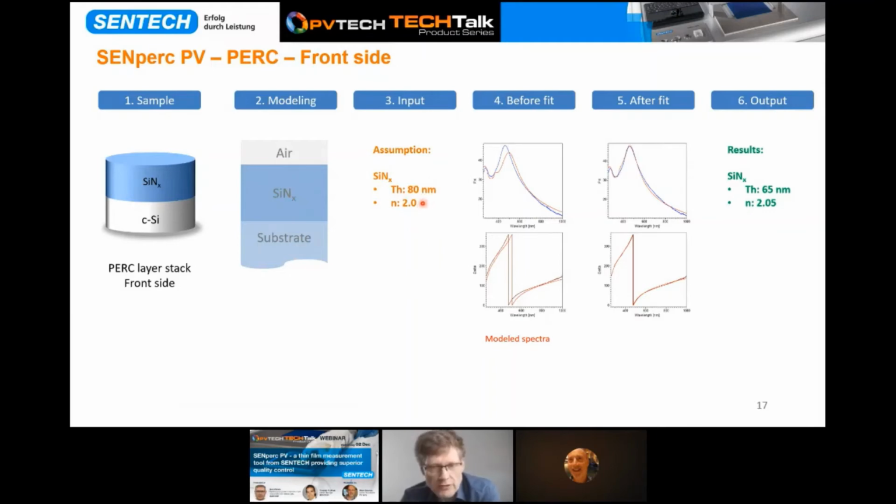So now we are running through the computer engine and we find here the red curves are already pretty similar to the measured curves, but they are not fitting perfectly. So let the computer now run the fit procedure, matching the model curve perfectly to the measured curve. The results will be that the film thickness is not as assumed 80 nanometers, but only 65 nanometers, and the refractive index is 2.05 instead of 2.0.